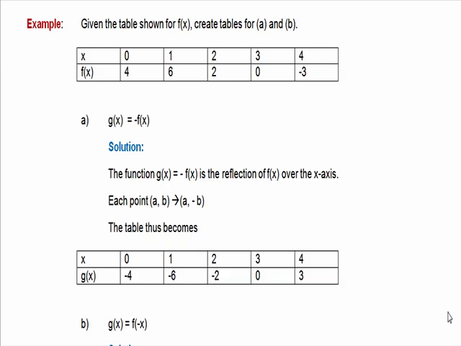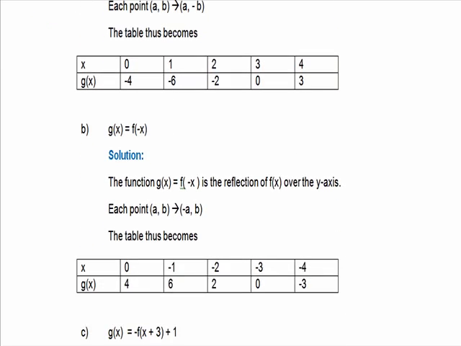So our points will be (0, -4), (1, -6), (2, -2), (3, 0), and (4, 3). Notice all the x's stayed the same. The y's just changed sign, of course with the exception of 0, which is a neutral value.